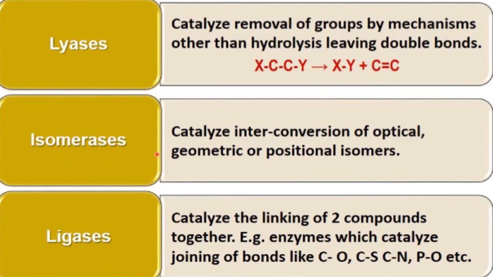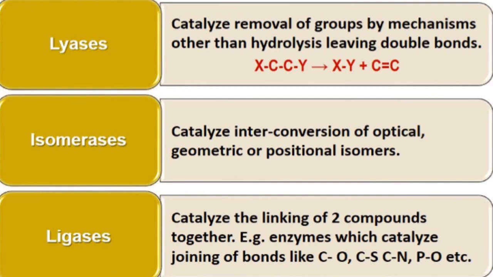And isomerases catalyze interconversion of optical, geometrical or positional isomers, and you have seen one example also, like ABC can be converted into BCA, right? Then ligases are enzymes that link two compounds together. For example, enzymes which catalyze joining of bonds like carbon-oxygen, carbon-sulfur, carbon-nitrogen, phosphate with oxygen. All these bond linkings are done by ligase enzymes.